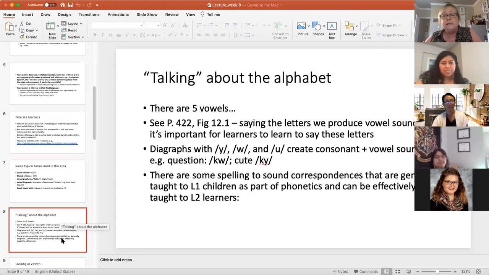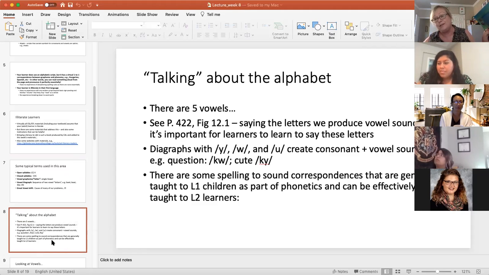All right, so I decided I wasn't going to recreate entireties of your book chapter for this because it seems silly. So all I'm going to do is point out. You should have your book chapter available to you now so that you can follow along, right? So the first thing that your book does is talking about the alphabet.